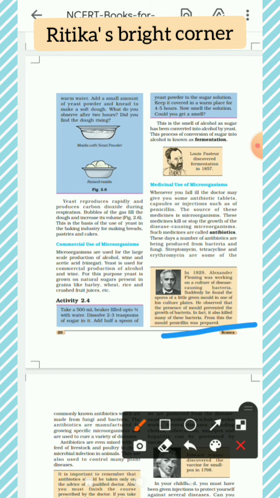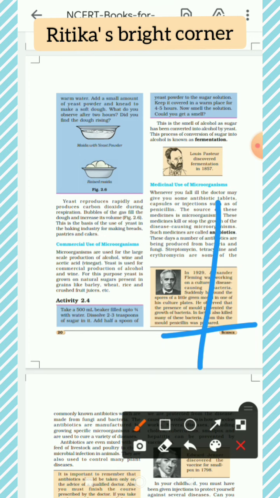He observed that the presence of mold prevented the growth of bacteria. In fact, it also killed many of these bacteria. From this mold, penicillin was prepared, and in 1929, Alexander Fleming completed the process of making penicillin.